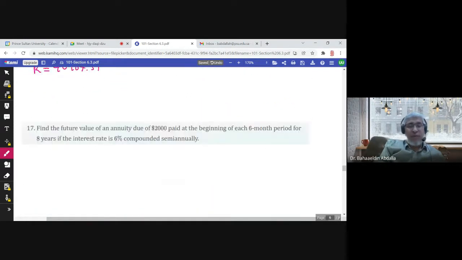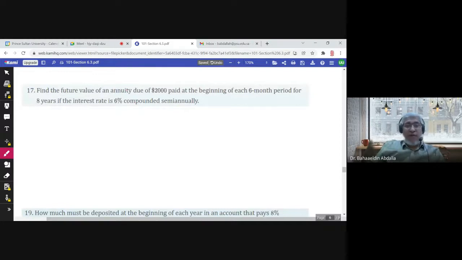Find the future value of an annuity due of 2000 paid, so this is R, at the beginning of each 6 months. So 2 times per year for 8 years. So N is 2 times 8, 16, and I is 0.06 divided by 2 times per year, so it's 0.03.